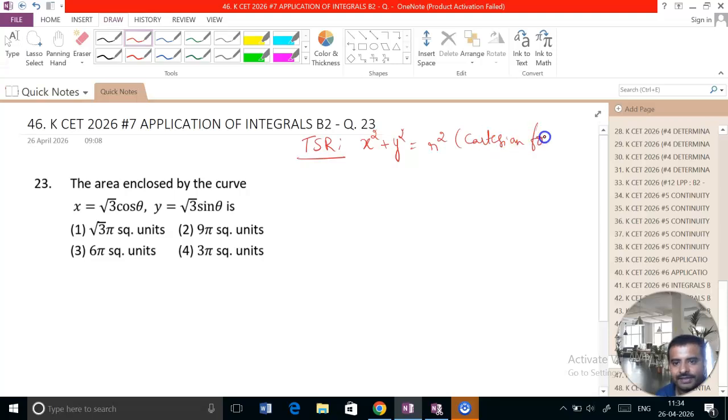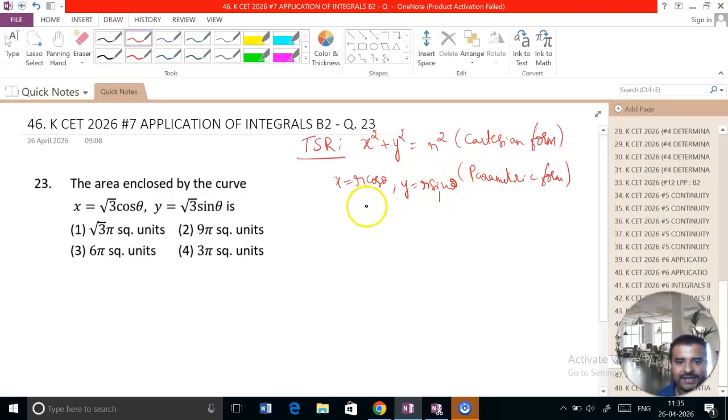At the same time, you should know the parametric form also. It is very important. The parametric form of a circle with center at the origin will be x equals r cos theta, y equals r sin theta.